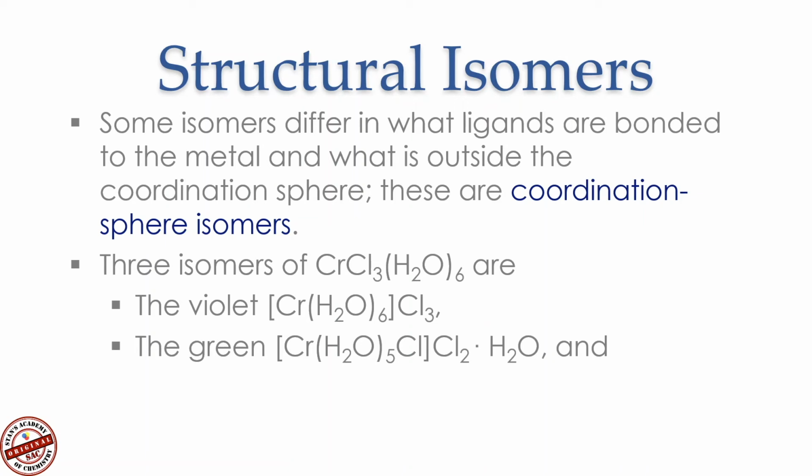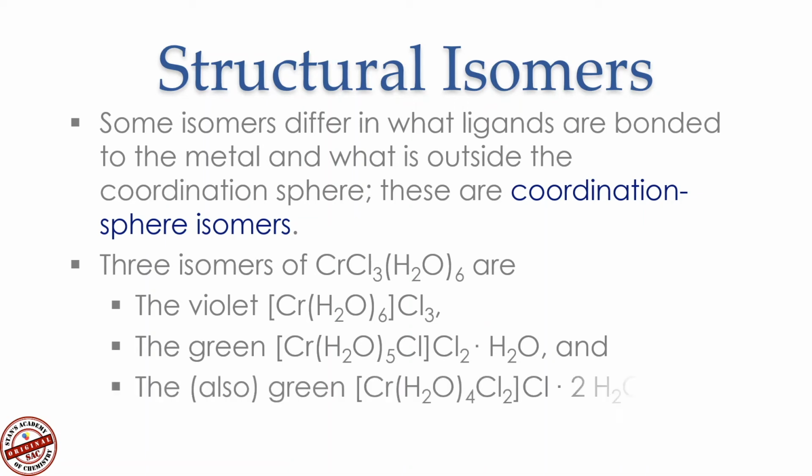The color changes to green. And one of the molecules of water is now outside the coordination sphere. Now you find that by changing that combination, or the ratio, to 2 chlorides within the coordination sphere and 2 water molecules outside, again it gives you a different complex. And the color is also different. It's green, but probably the wavelength of these colors, the intensity is going to be slightly different.